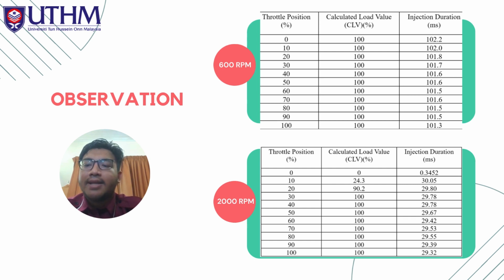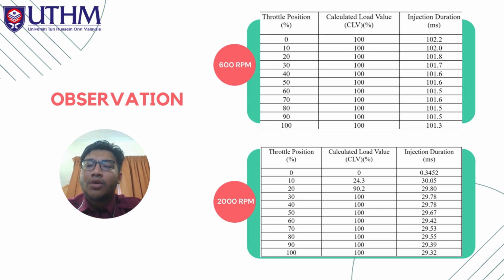After that, the injection duration was maintained at 101.6 milliseconds at 40 to 50% of the total position. At 50% and 70% of the total position, the injection duration increased from 101.5 milliseconds to 101.6 milliseconds.